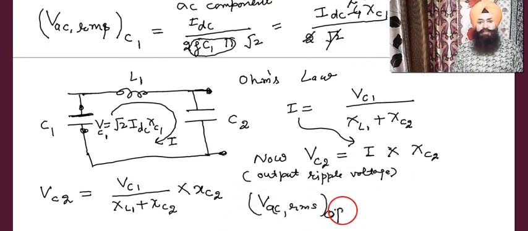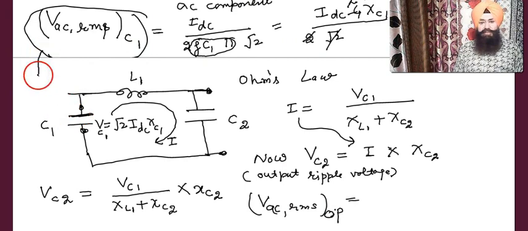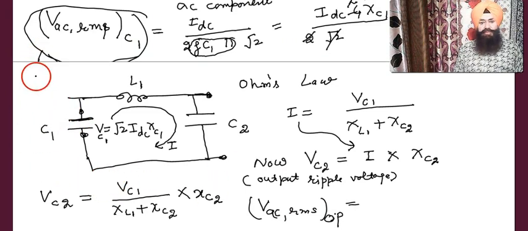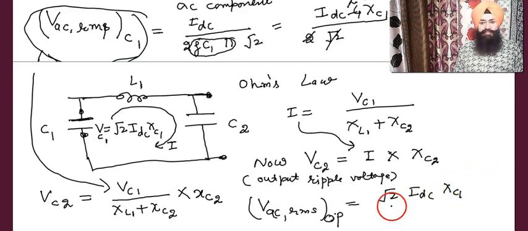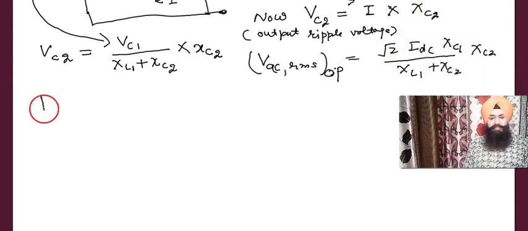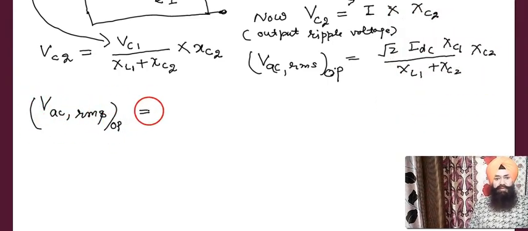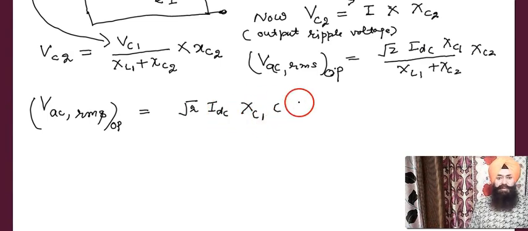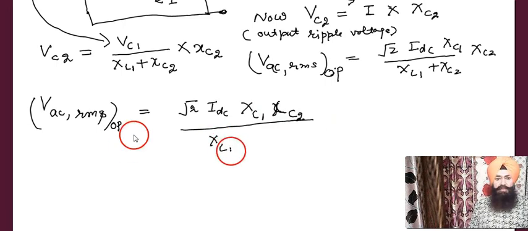So this output ripple voltage is now across C2. Substituting the values of VC1 here, we'll get VC2. So the RMS value of AC which is at the output, right?